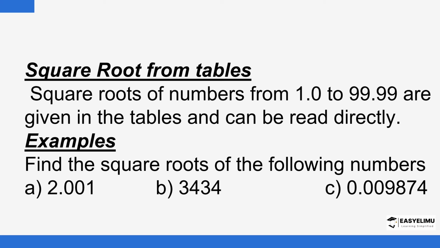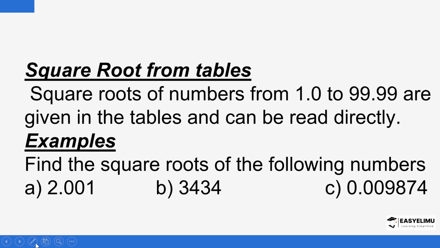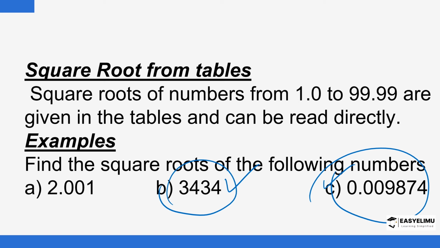If you have numbers that are outside the range, like a few of them displayed here, there is a way you can modify. You see they're outside the range. This is a number that is more than 100, and this is a number that is between 0 and 1.